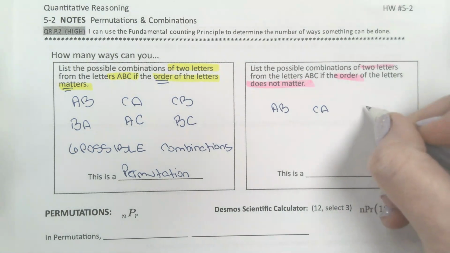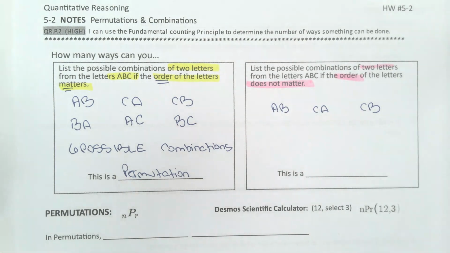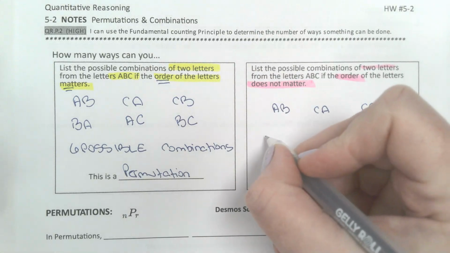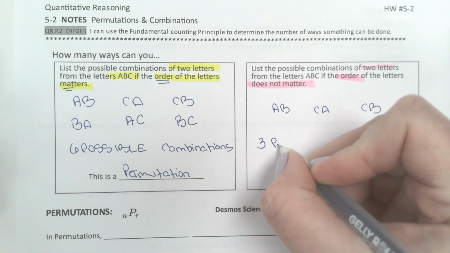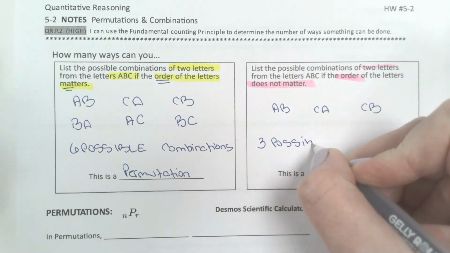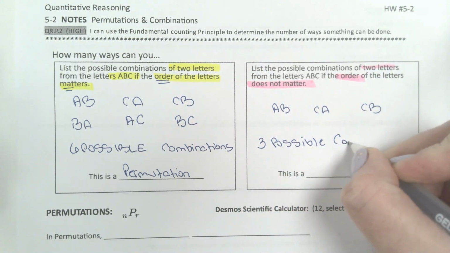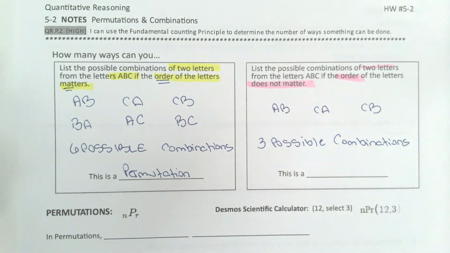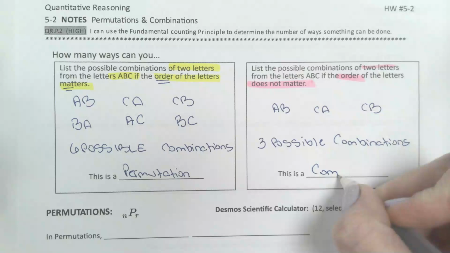CB. So on this one, when the order does not matter, there are only three possible combinations. And this is what we call a combination.